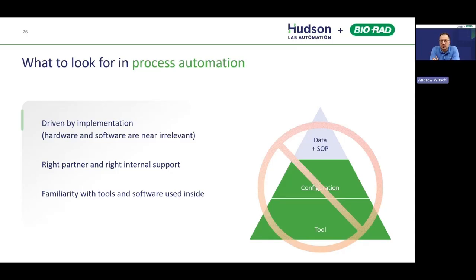When you move to process automation, tools are almost negligible. The hardware is negligible. You really spend all of your time focusing on processes, and it's not just the scientific process. I've used the word user automation before as a way of describing what process automation looks like.